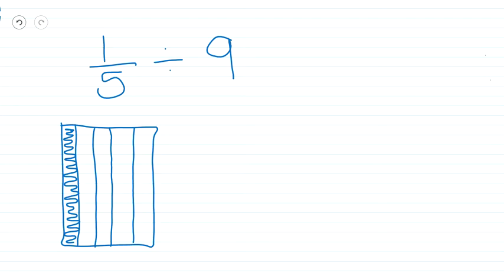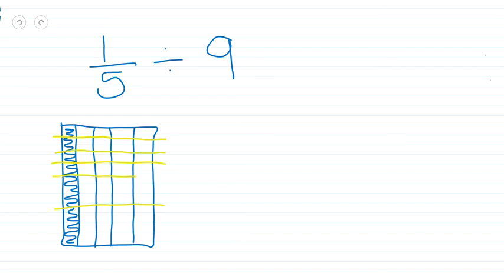Right? Now we're going to divide 1/5 by 9. So we have 1/5, which is going to be split into 9 pieces. So let's change our ink. I'm going to split this into 9 pieces. So let's say I do this, that.